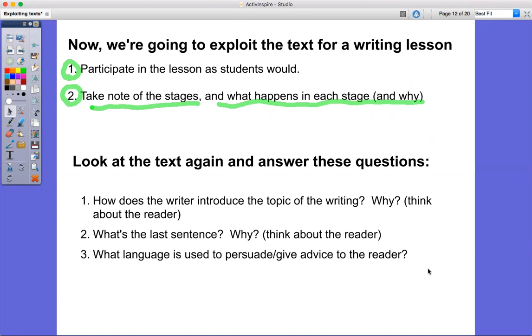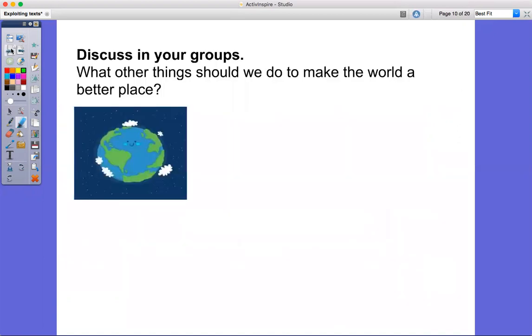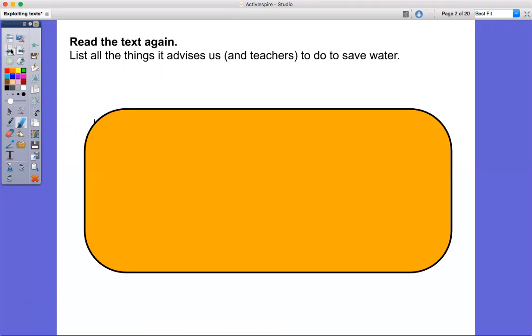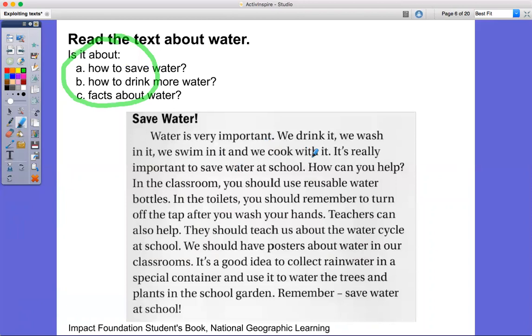And your feedback is really important here. So when we say what language is used, you would need to probably highlight for them some of the language. It's really important to. You should highlight. Don't teach it, just highlight.